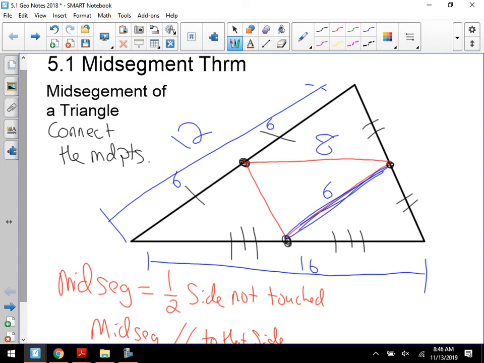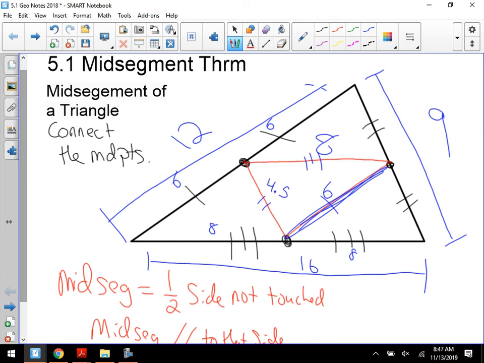Which means this has to be equal there. If that whole thing was 16, these parts are 8s, which means this is the same thing there. And for the last example, let's say this part here was 9. How much is the mid-segment? 4.5. Good.